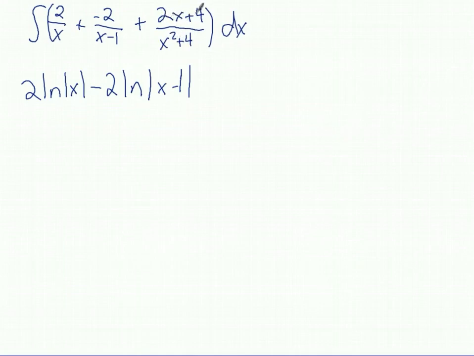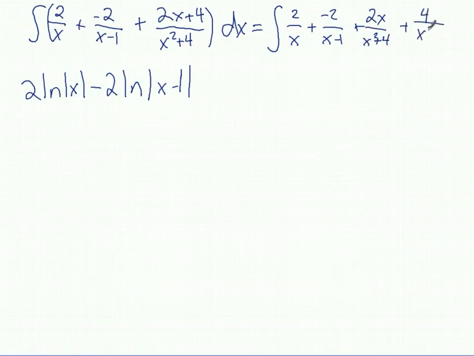So maybe we should split this into 2 fractions. So we'll write this as the integral of 2 over x plus negative 2 over x minus 1 plus 2x over x squared plus 4 plus 4 over x squared plus 4 dx.